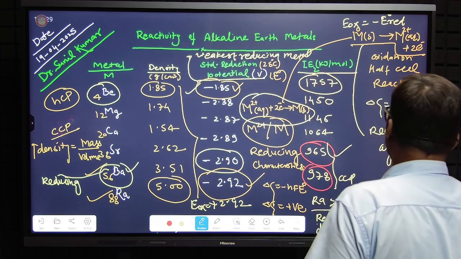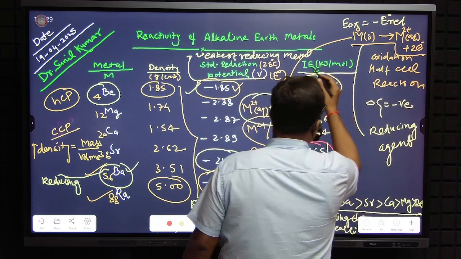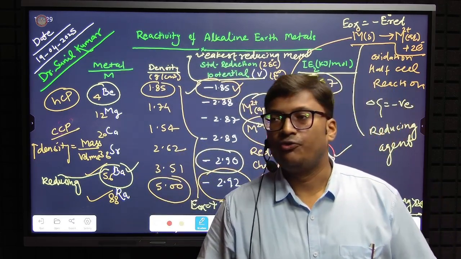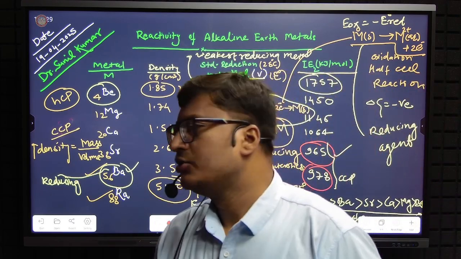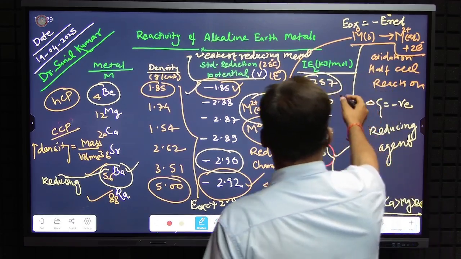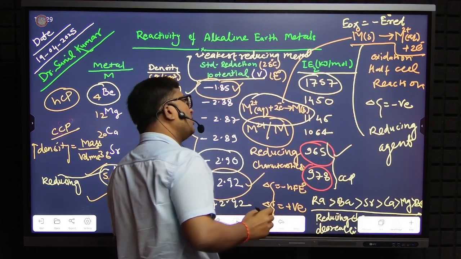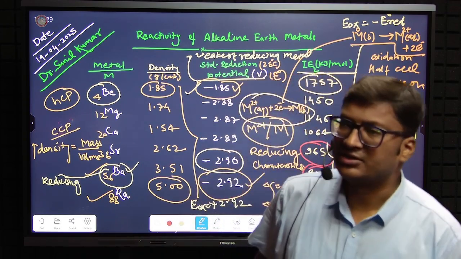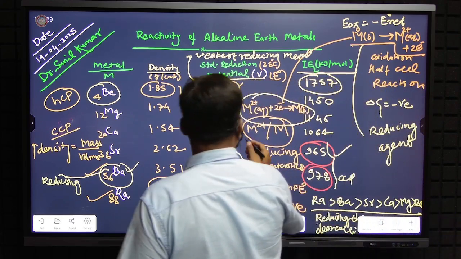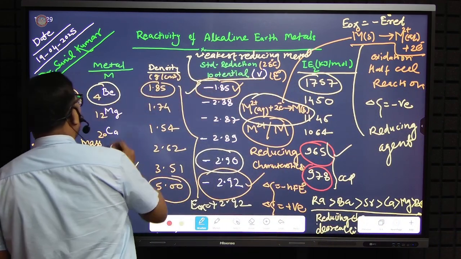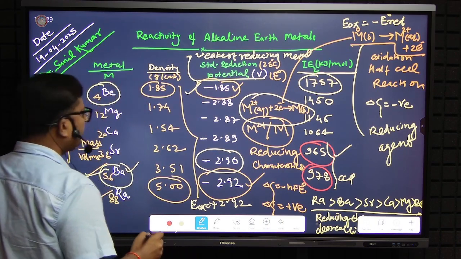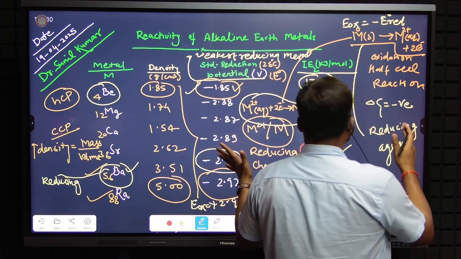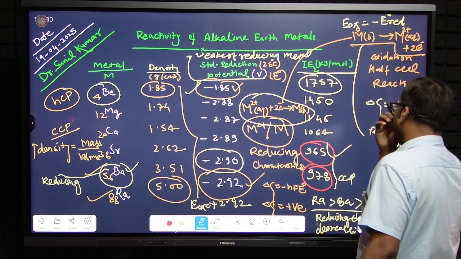But even so, it is much more compared to the first ionization energy of the group one alkali metals, right? Actually these values are 3 or 4 times compared to the first ionization energy of the group one alkali metals. So you can say that beryllium is the metal which has more ionization energy.